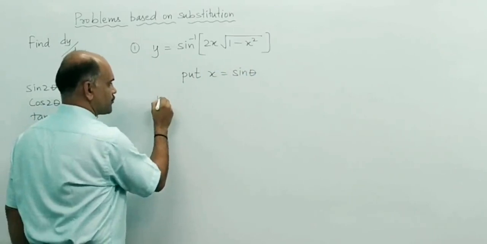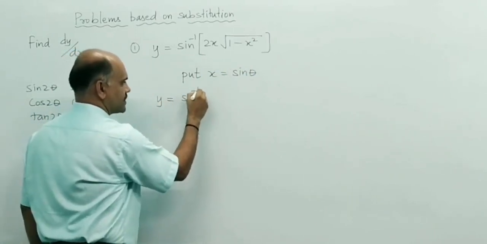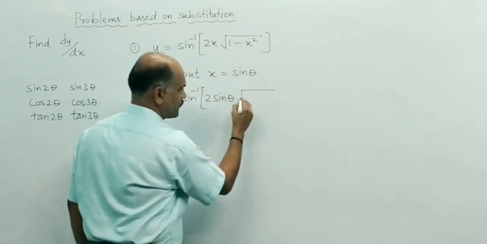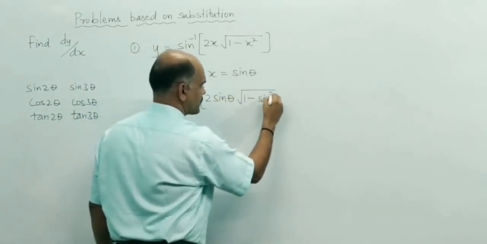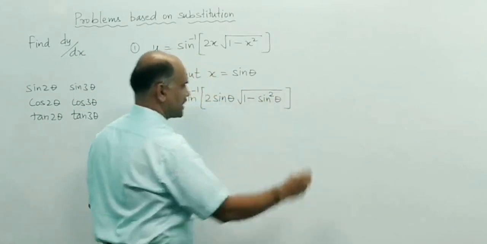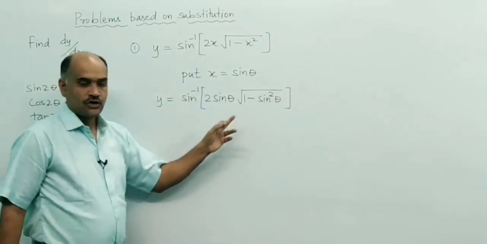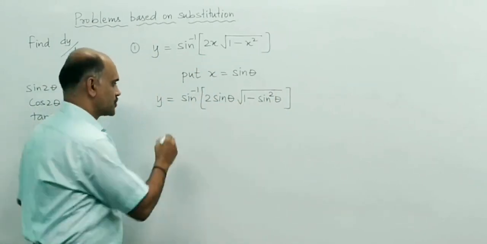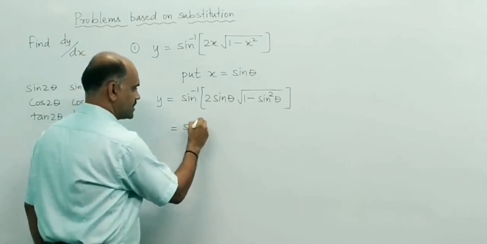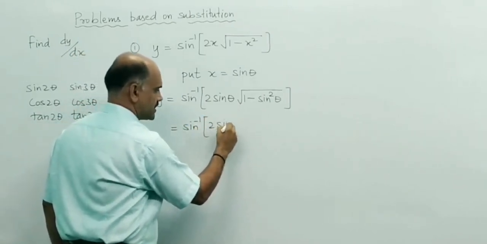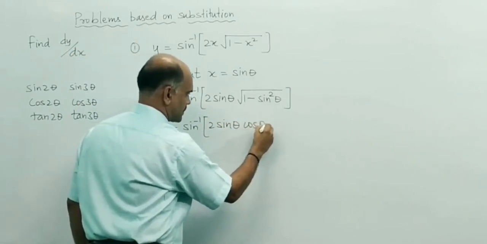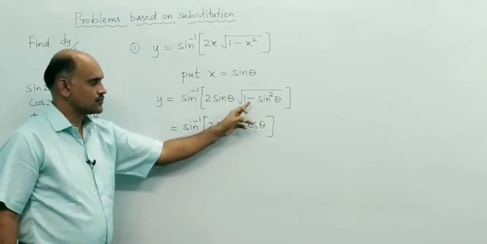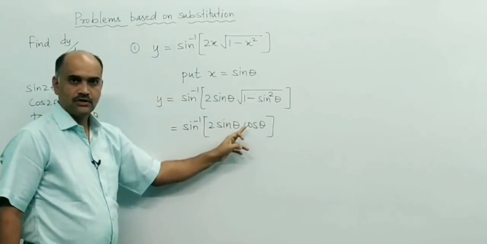So if I substitute, y is equal to sine inverse of 2 sine theta into root of 1 minus sine square theta. So root of 1 minus sine square theta is cos theta. So you will have sine inverse of 2 sine theta into cos theta.